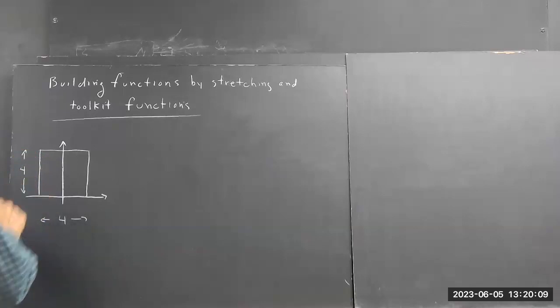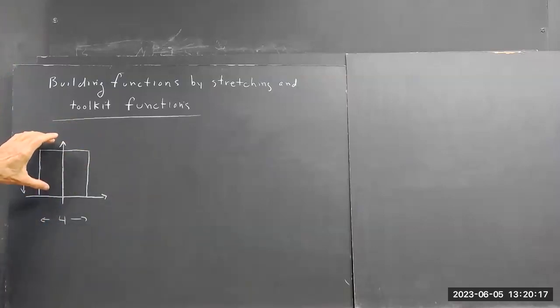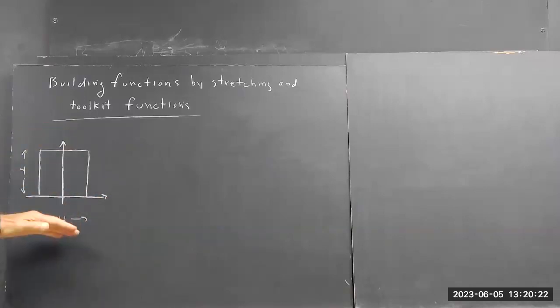Now, a couple of them you want to do 4 units here and 8 units here. And sometimes that box or rectangle is symmetric with respect to the x-axis. In other words, the x-axis goes right through the center of it, and sometimes not. Now, the toolkit squaring function and toolkit reciprocal function would fit into this box.